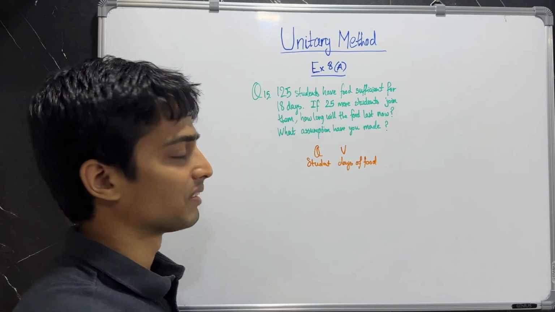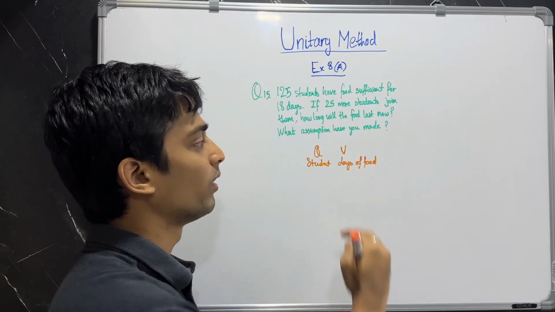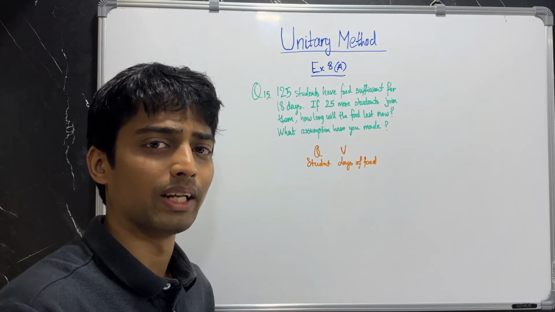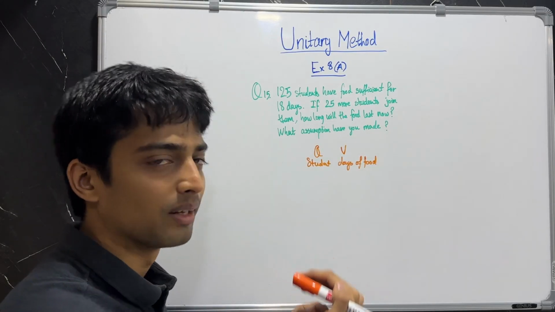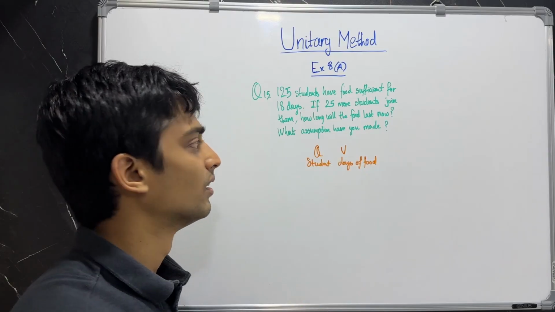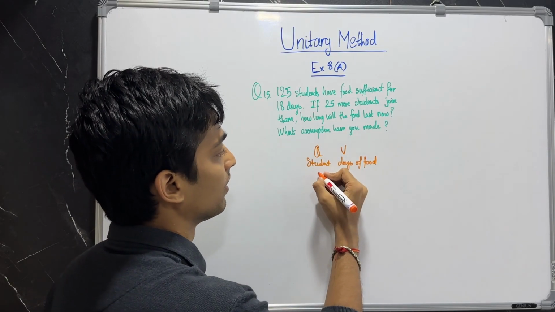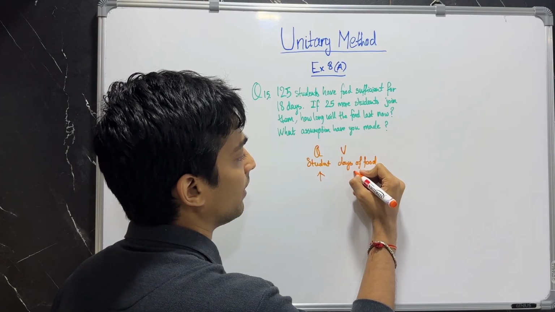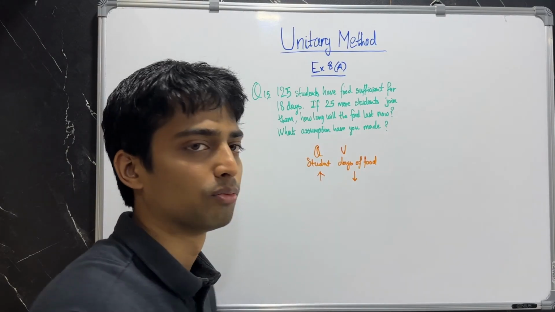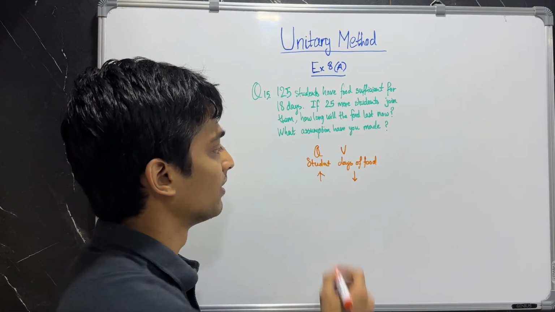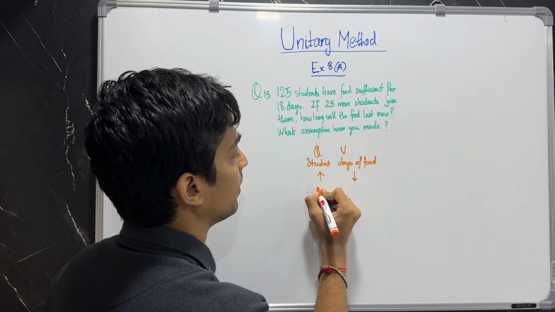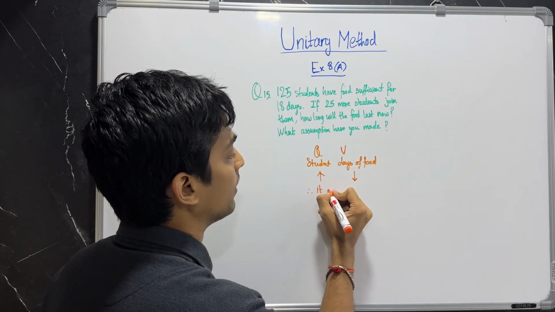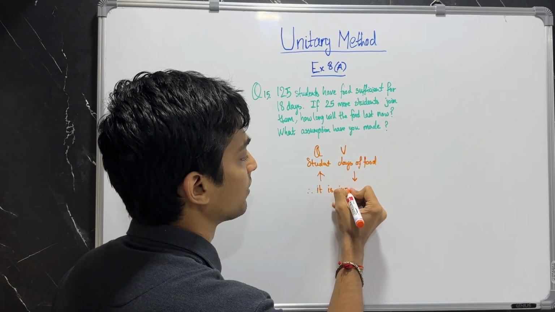If the students are less, then the food won't get over very quickly, so the days of food will be increased. So it's an inverse variation. If students are more, then there are fewer days left with the food. Okay, so therefore it is inverse variation.